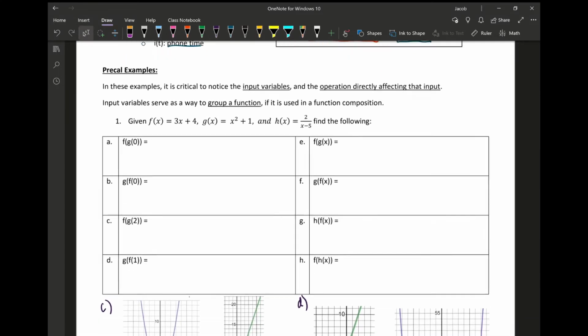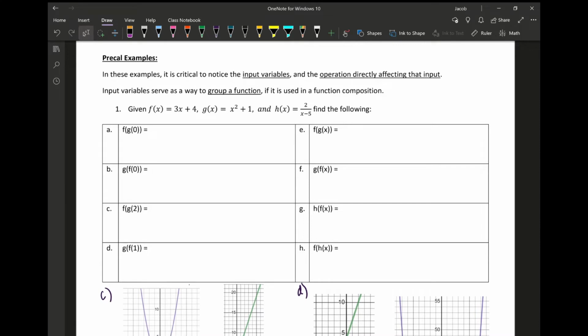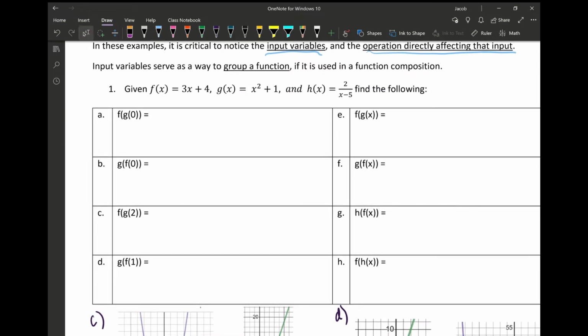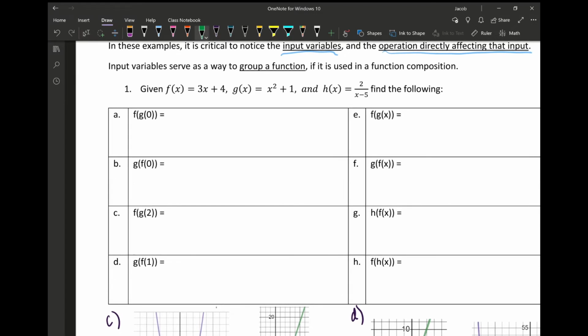With pre-cal examples, it's very important that you notice the input variables and the operation directly affecting that input when we look at these. And I'll remind us, these variables help us group functions, which is how we're going to use them in compositions. So starting off with this left side has an input that's on the very inside function.